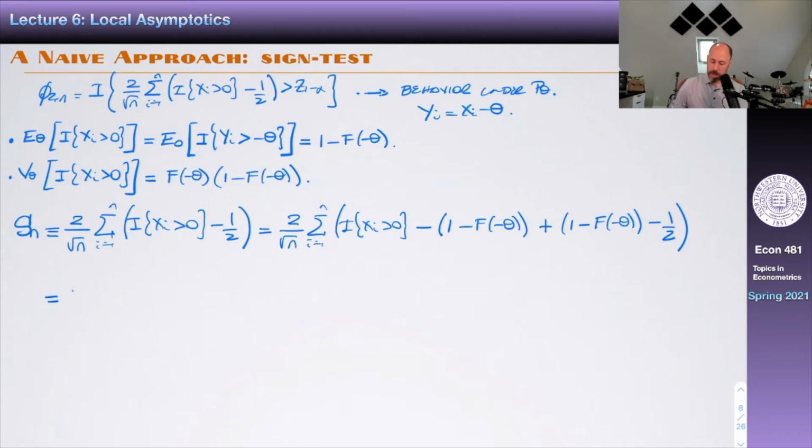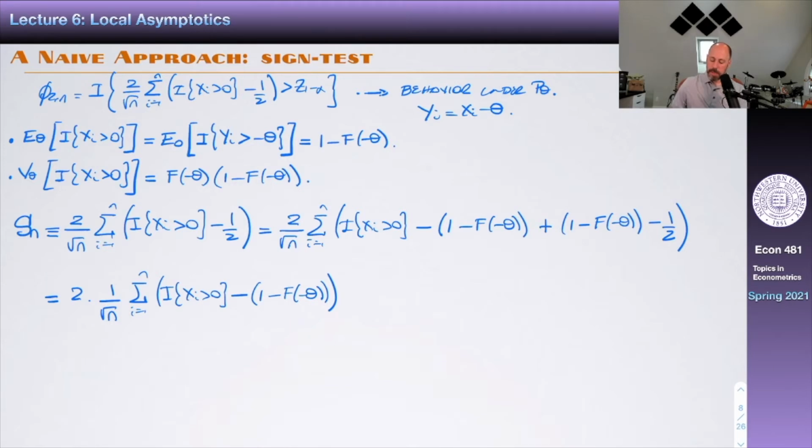So now this is going to be 2 times 1 over square root n sum from 1 to n of the indicator x greater than 0 minus its mean, which is 1 minus F at negative theta.